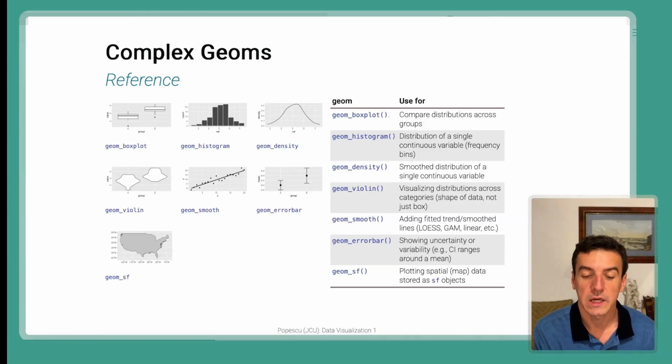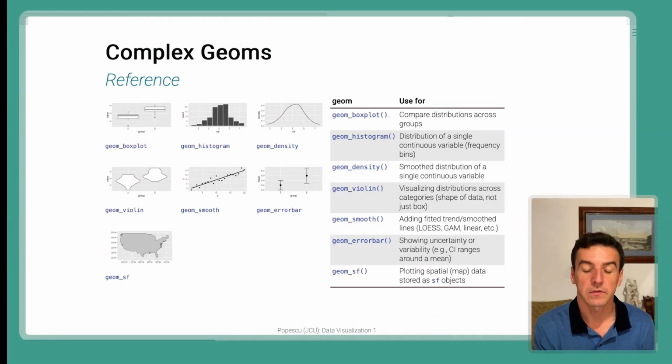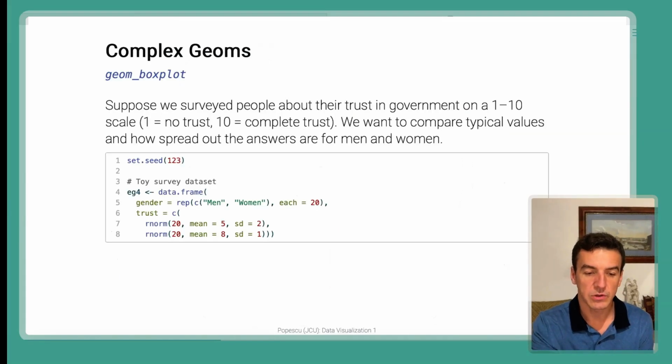Geom Smooth is something that allows us to fit a line or smooth a line depending on if we're using a linear model or a loess function, and so on and so forth. Geom Errorbar is something that allows us to show uncertainty or variability, and Geom SF is a complex geom used for maps, as you can tell in the figure. So let us examine each one at a time.